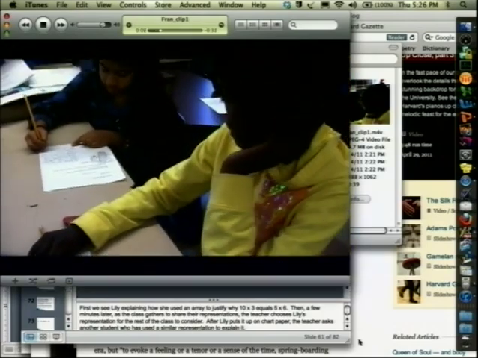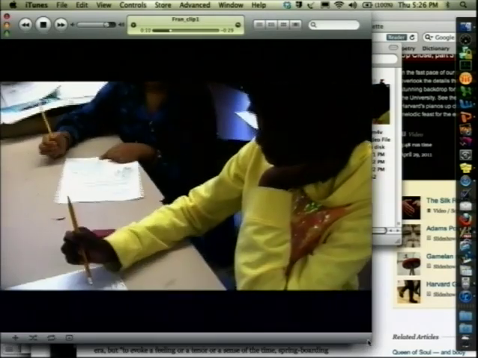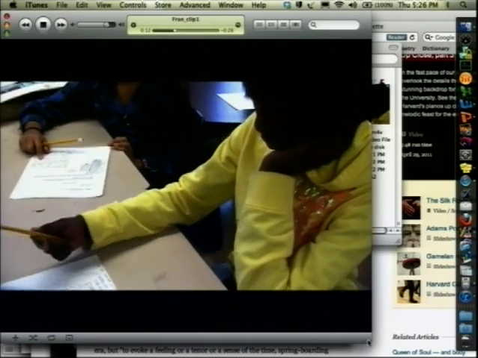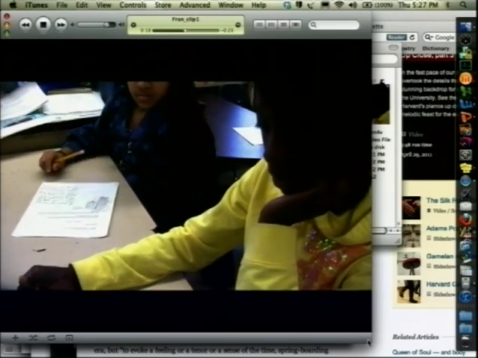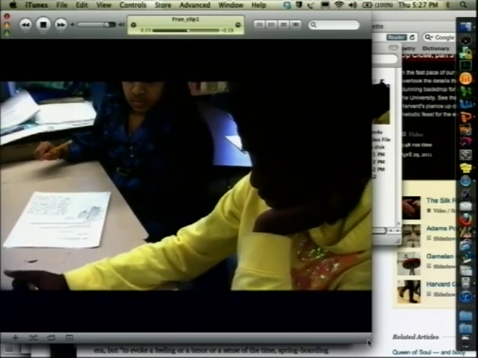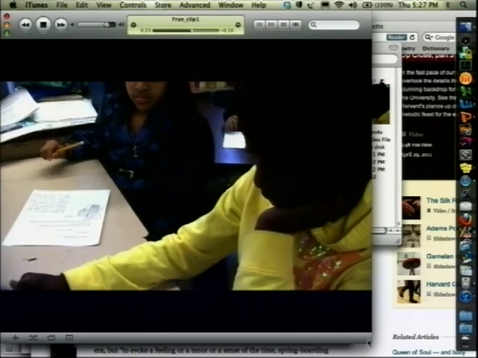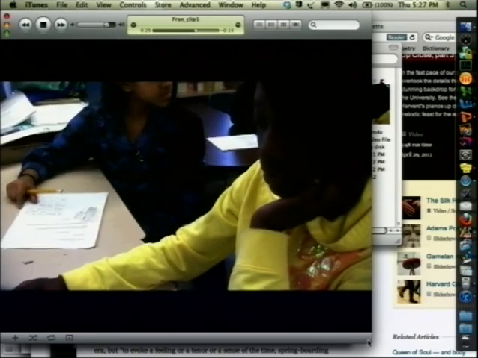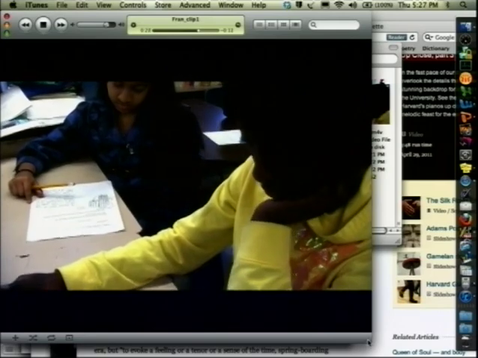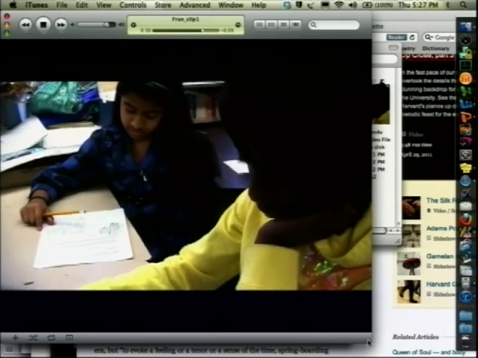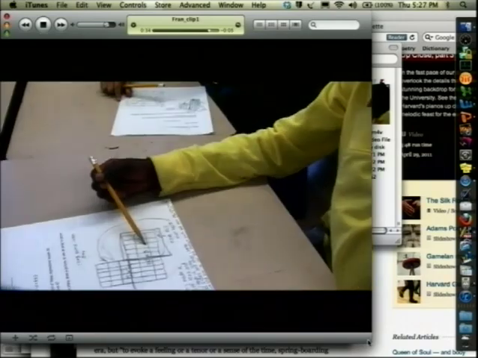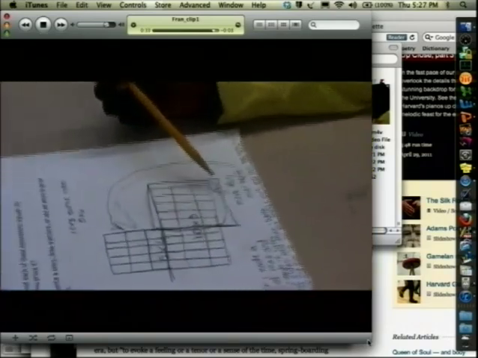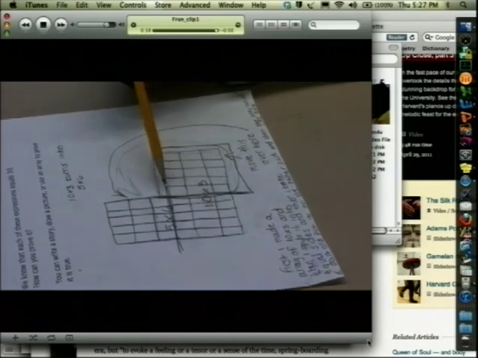I did 10 times 3, and then I broke it in half, and then I took the half and put it on top of the other part. And then the array looked like 5 times 6. And what is that proving? That 10 times 3 is the same as 5 times 6.